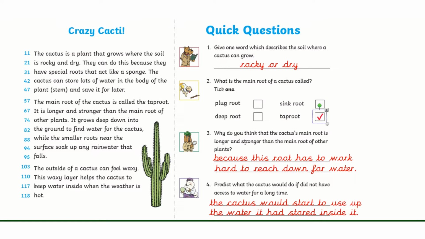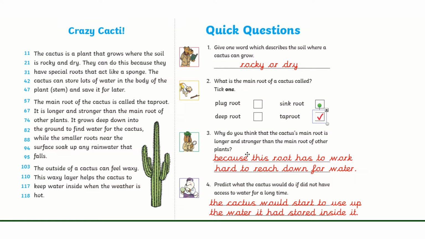Number 3. Why do you think that the cactus's main root is longer and stronger than the main root of other plants? So it says here that it is longer and stronger than the main root of other plants. It grows deep down into the ground to find water for the cactus, while the smaller roots near the surface soak up any rainwater that falls. So this one asks why that root is longer and stronger.